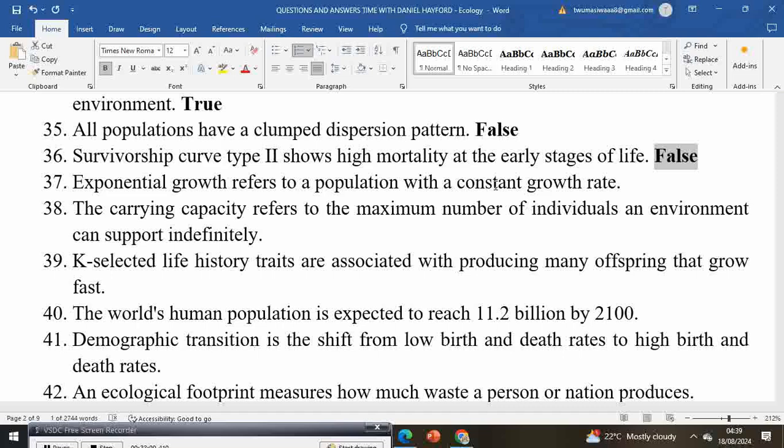Question number 37. Exponential growth refers to a population with a constant growth rate. Is this one true or false? It is false. Question number 38. The carrying capacity refers to the maximum number of individuals an environment can support indefinitely.